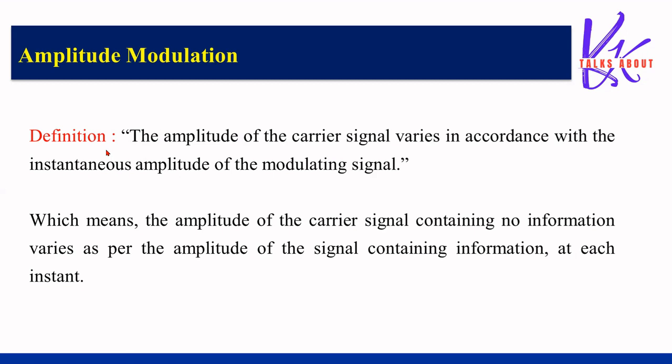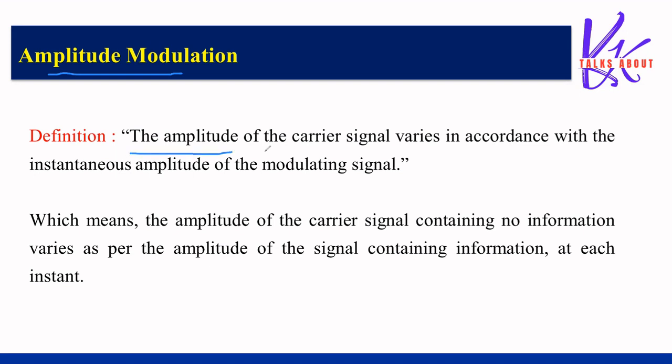So once we do the modulation, the signal or the information can be transmitted over a longer distance. So amplitude modulation is one of the techniques which is used to modulate the information at the transmitter to send it over a longer distance. So by definition, what is amplitude modulation?